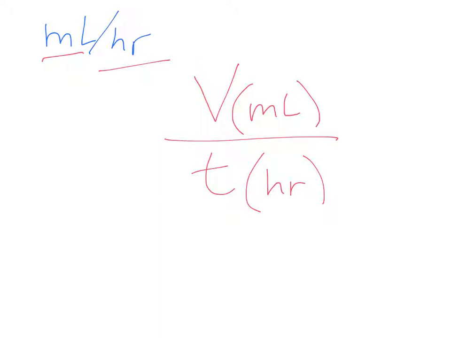In this particular problem, it tells me that I have this solution diluted in 100 milliliters. So there's our volume right there, 100 milliliters. That's really all I need. What I need to do is take that volume and divide it by the time. However, it says it is ordered to infuse over 90 minutes. 90 minutes is not the unit I need it to be in.